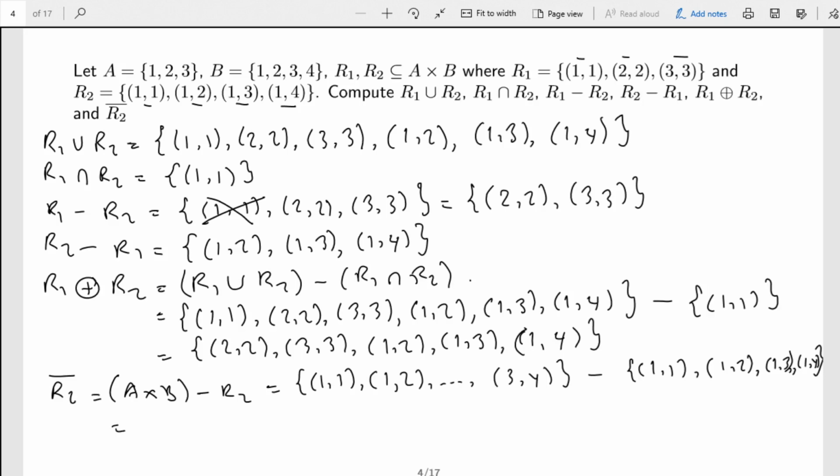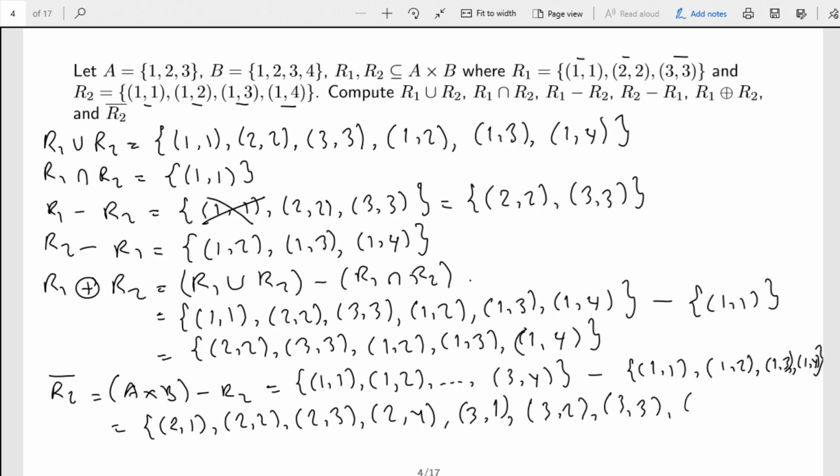This gives you (2,1), (2,2), (2,3), (2,4), and of course (3,1), (3,2), (3,3), and (3,4). So that's the complement of R2.